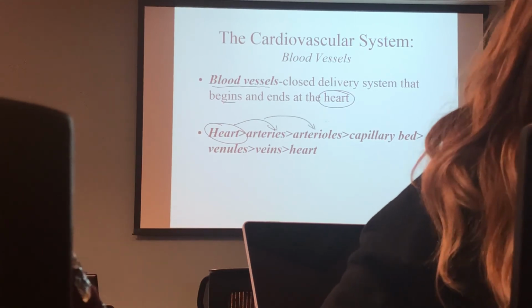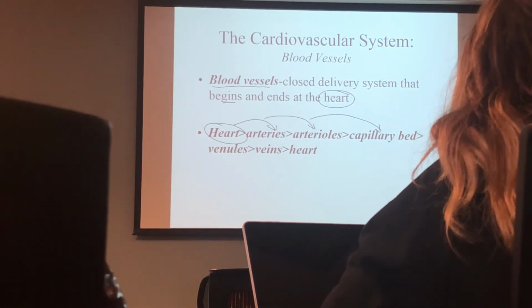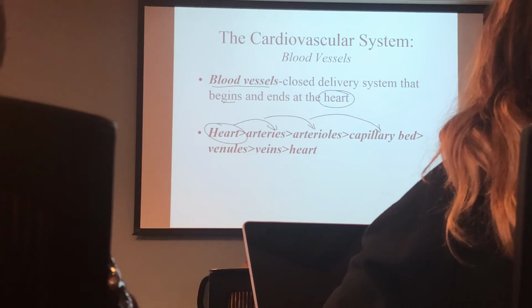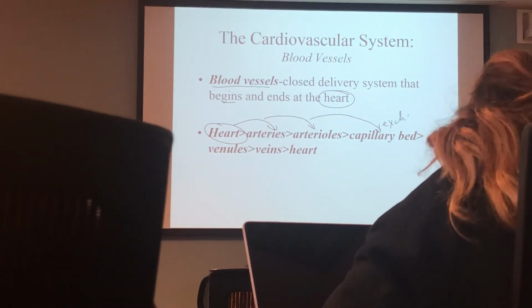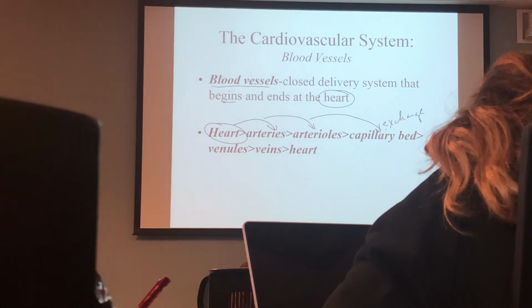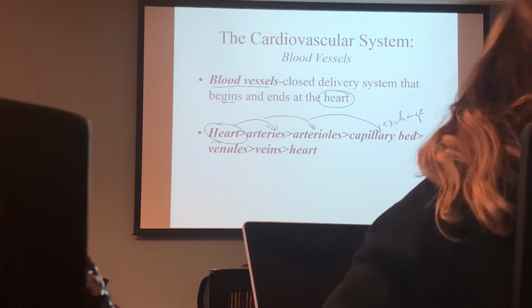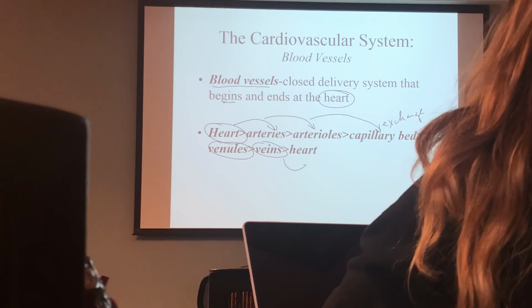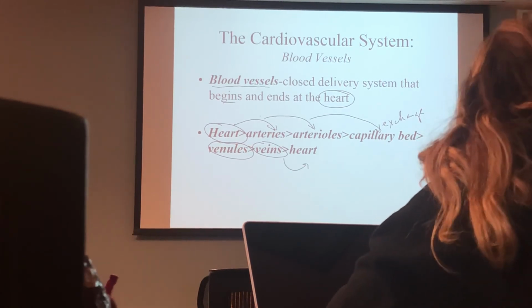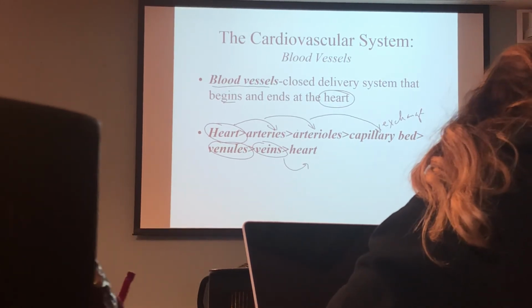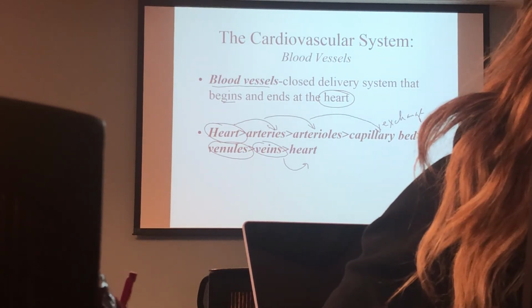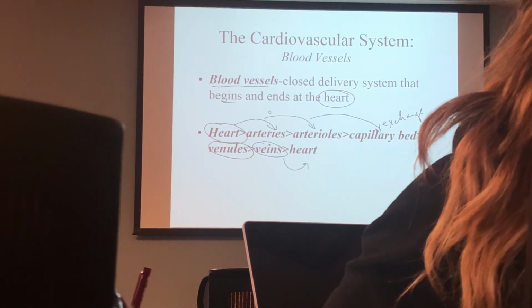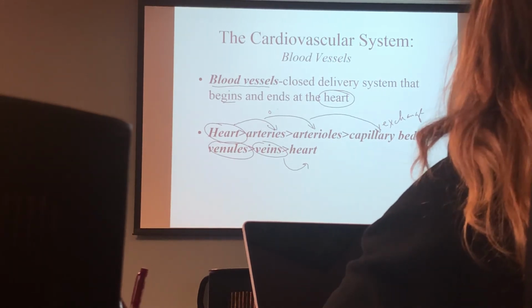So it starts at the heart: arteries, arterioles, down to the capillary bed. In the capillary bed, what do you have going on here, guys? Some kind of exchange going on, right? Then you have venules, veins, and back to the heart. Generally speaking, the blood in arteries is mostly what kind of blood?